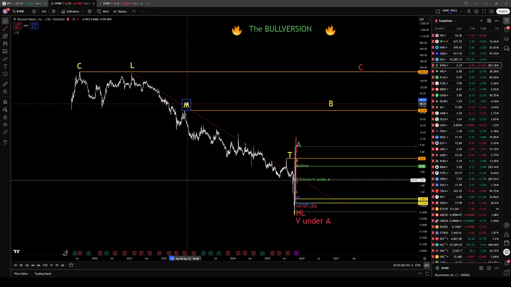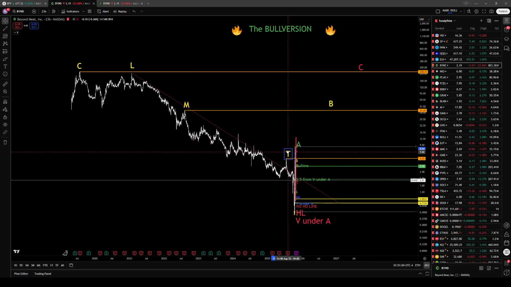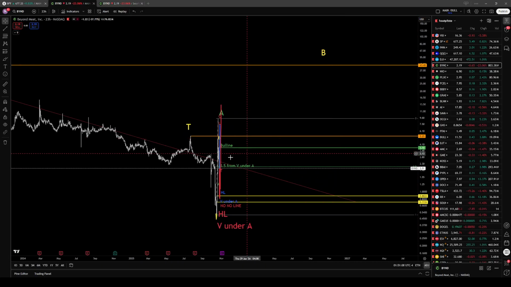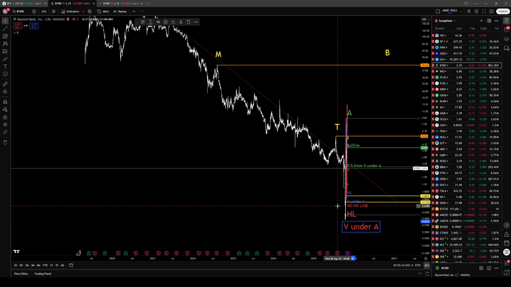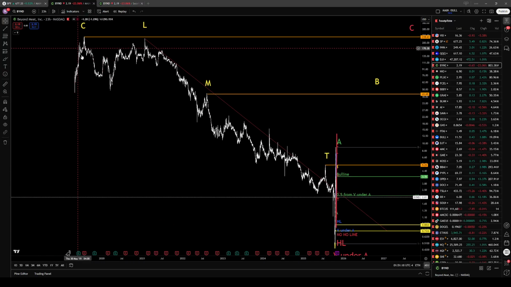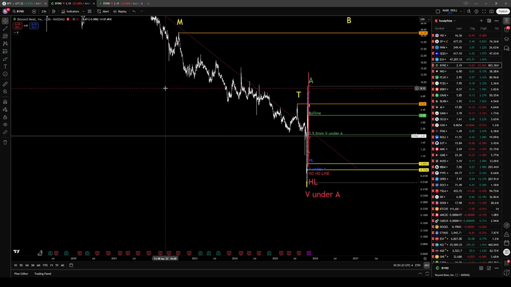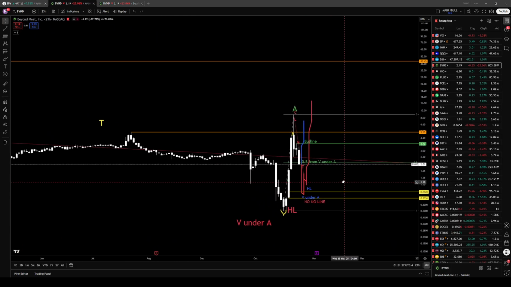Then we fall to our midpoint. Then we fall to the last time to sell. And then, of course, to our all-time low, which is V under A, but this would be V under invisible A, because the IPO started kinda near our C point. So what have we done till then?